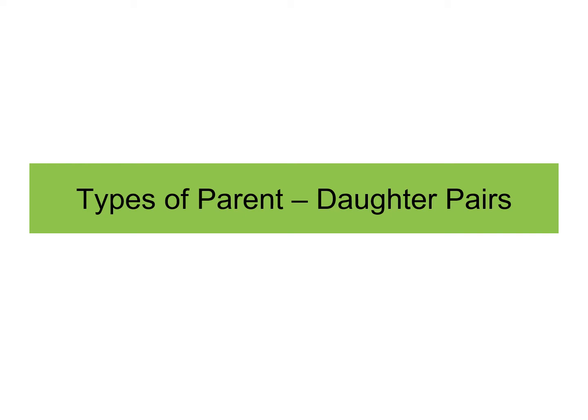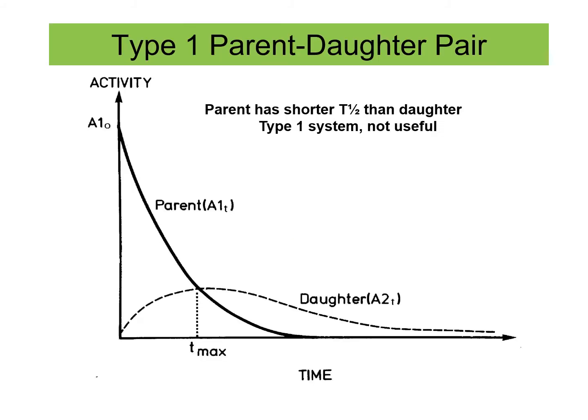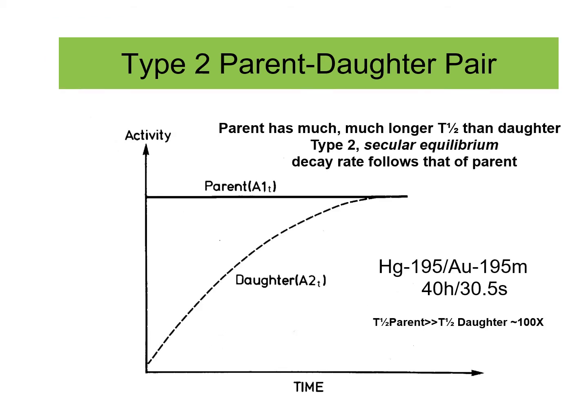There are several types of parent-daughter pairs that have been tried in the development of generator systems. Of course, the first type, where the parent has a shorter half-life than the daughter, is not a useful relationship to be converted into a generator system. Type number 2, where the half-life of the parent nuclide is much longer than the half-life of the daughter.